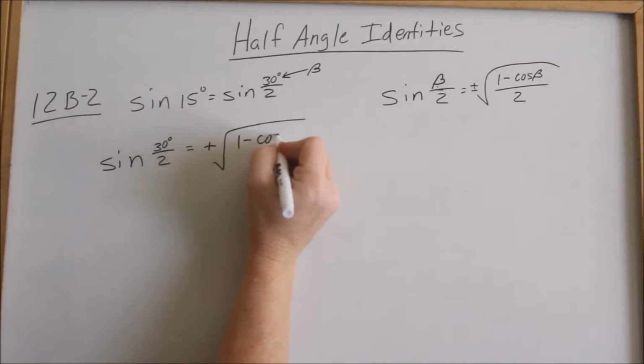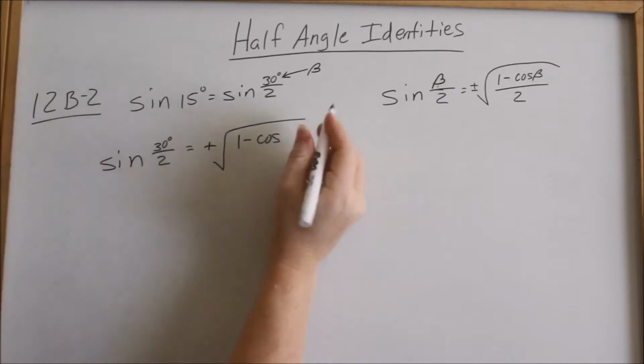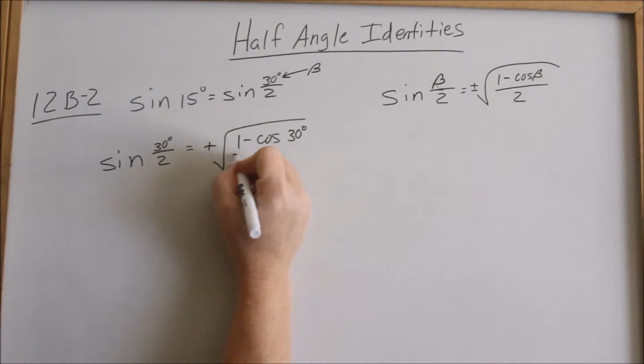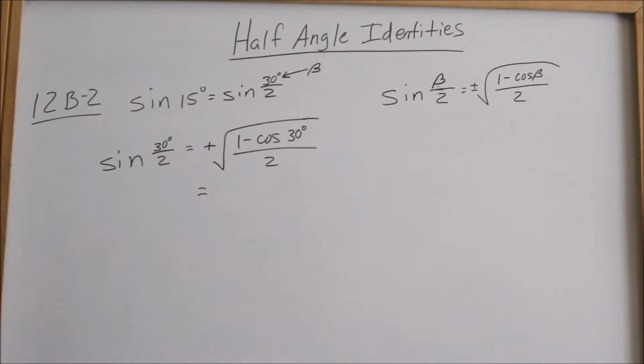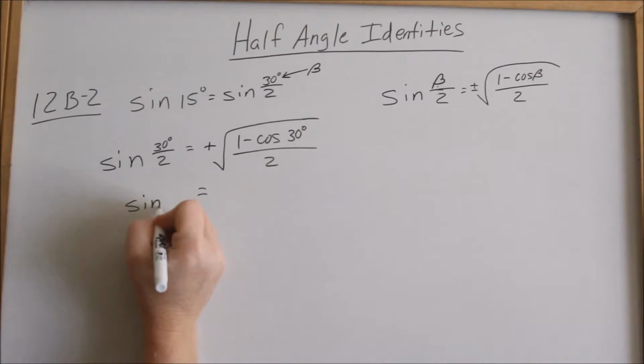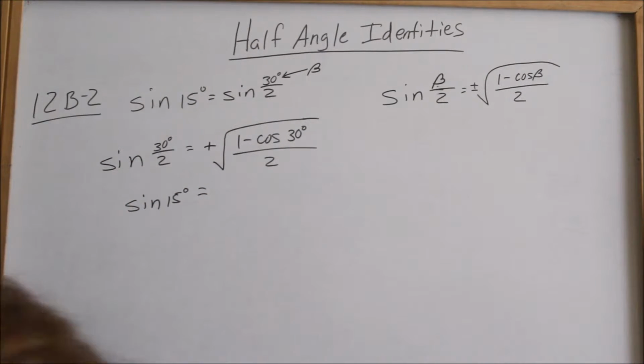It's the square root of 1 minus cosine of 30 degrees, all divided by 2. Essentially, this is sine of 15 degrees.